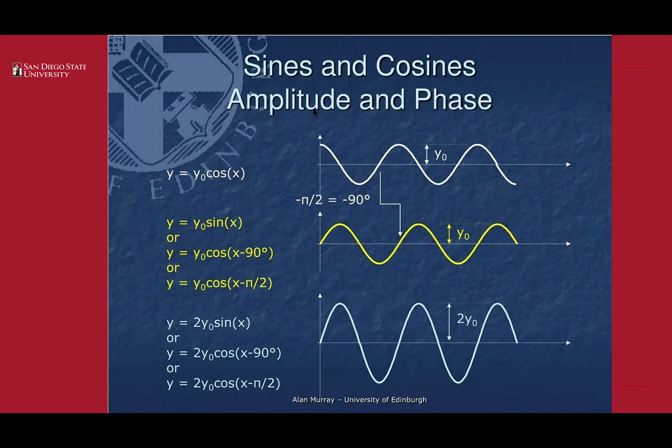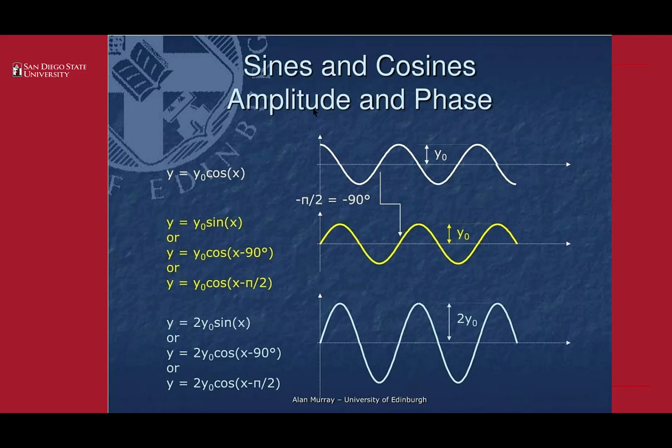And let's look at the last row. Here we also have three equations which are all the same again. y equals 2y0 sin x, or y equals 2y0 cos (x minus 90 degrees), or y equals 2y0 cos (x minus pi over 2).